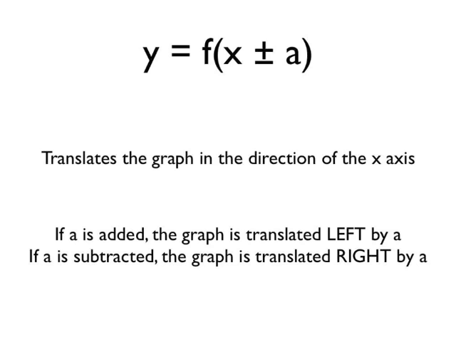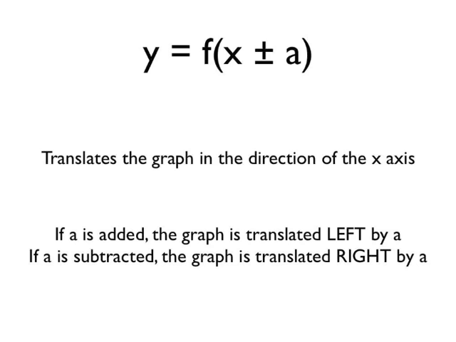Just to summarise, we've looked at the graph transformation of y equals f of open bracket x add or subtract a close bracket, and that graph transformation's effect on the function f of x when we plot it on a graph, and we found that it translates the graph horizontally. That's in the direction of the x-axis, but we have to be careful not to be caught out with which way the graph moves.